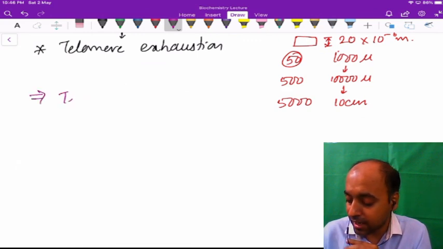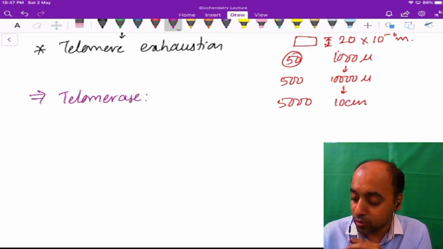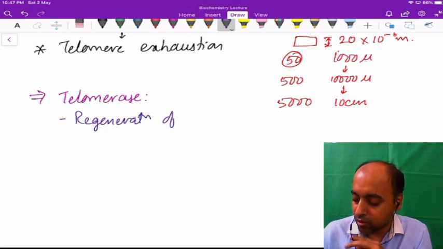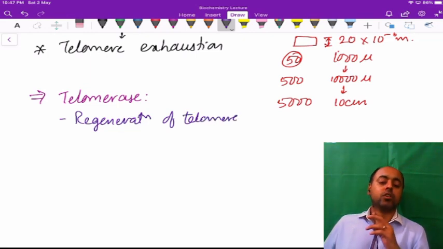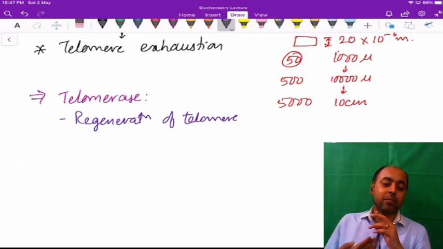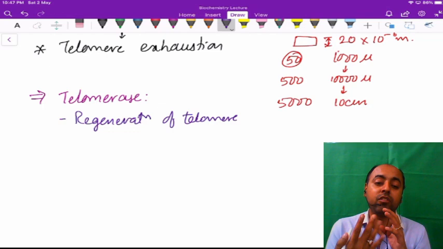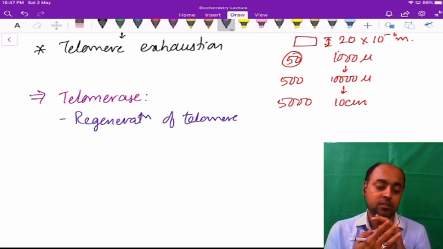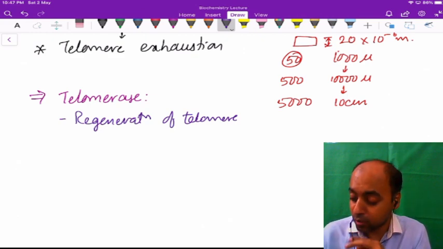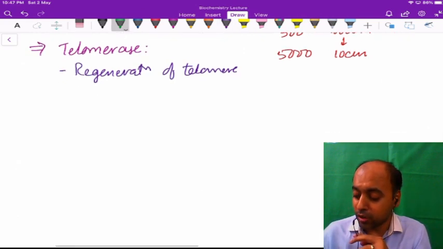We have an enzyme, rather an enzyme complex, the telomerase, whose primary function is the regeneration of telomere. So the telomere can be regenerated by the action of telomerase, and because there are certain cells which require an unlimited number of divisions, the telomerase will be super active in those cells.